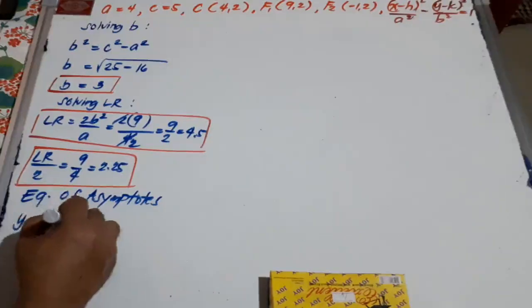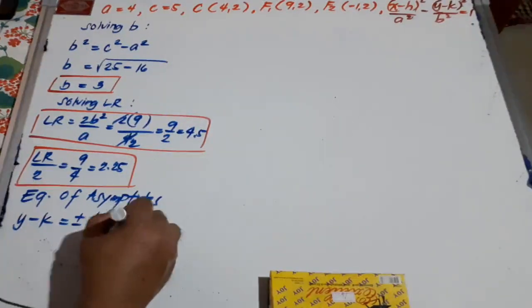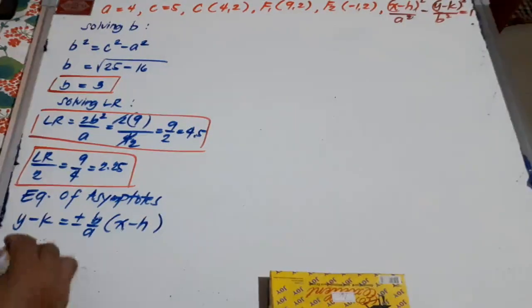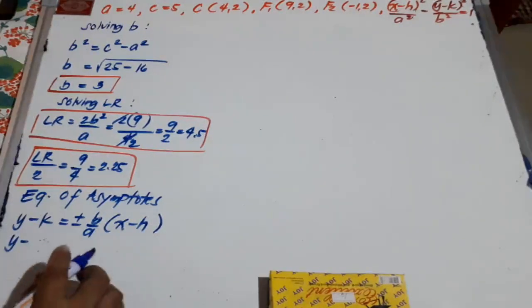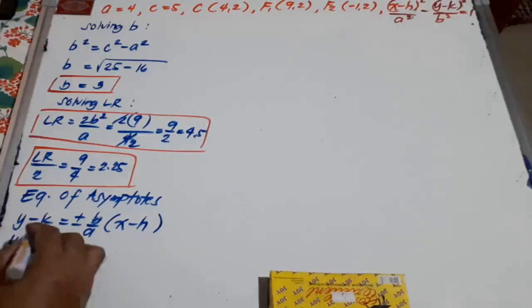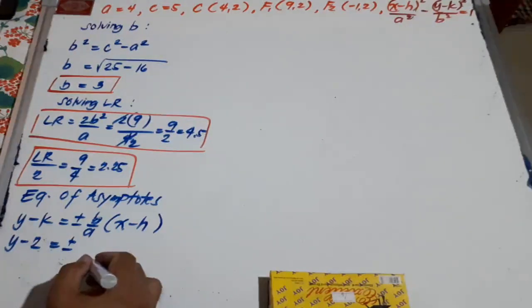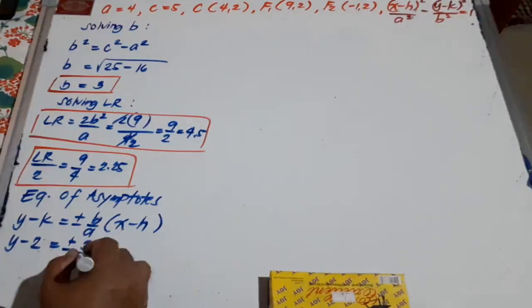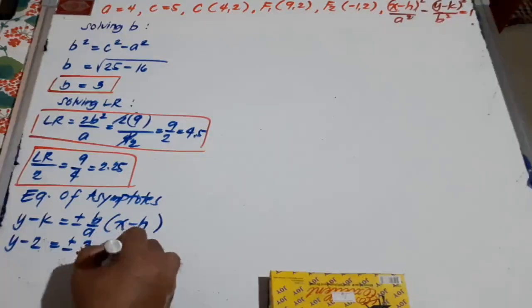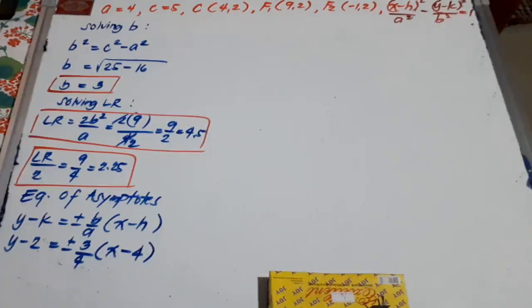Y minus K equals plus or minus B over A times X minus H. Okay? So, we have Y minus K. K natin ay 2. Plus or minus B is 3. A is 4. X minus 4. Okay.